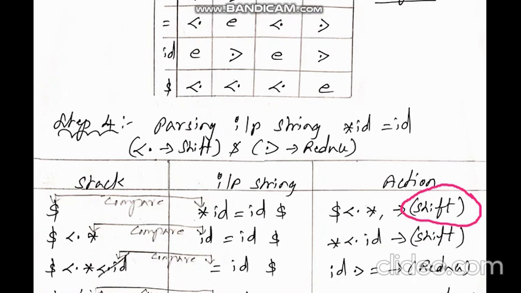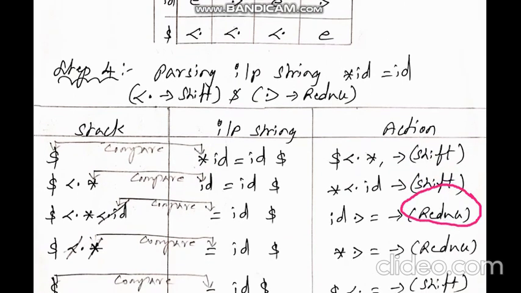Remember, we are comparing this and getting this symbol, that is a leading symbol. If you are getting a leading symbol, then you need to shift. What are you going to shift? You are going to shift the first value that was compared to the stack. I'll show you the next step so that you will understand how exactly this works.